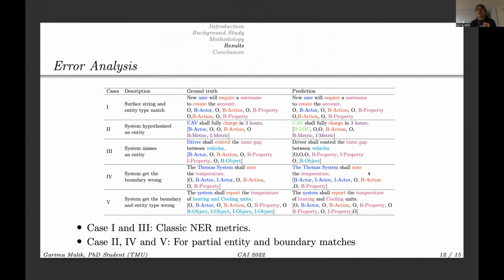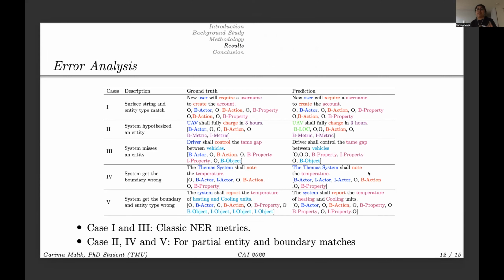Then in terms of error analysis, initially in the literature, people only use classic NER metrics like precision, recall, and F1 score to measure their performance. But we actually did some error analysis. Case 1 and case 3, as you can see, are the only ones the classic NER metrics can account for, but for partial entity matching or boundary matching in the entity extraction task, we don't have any metric.